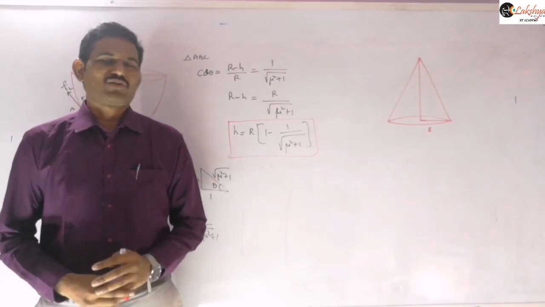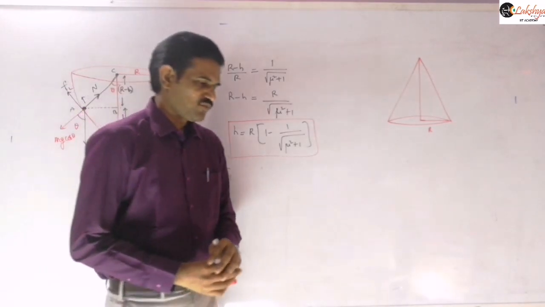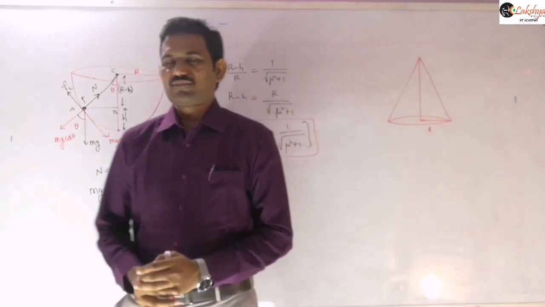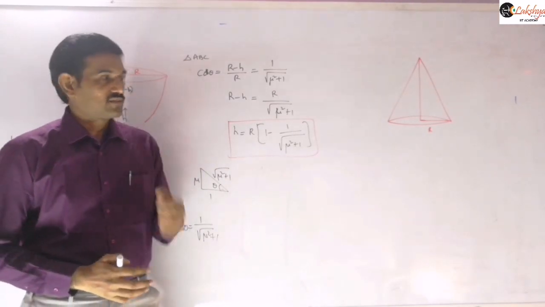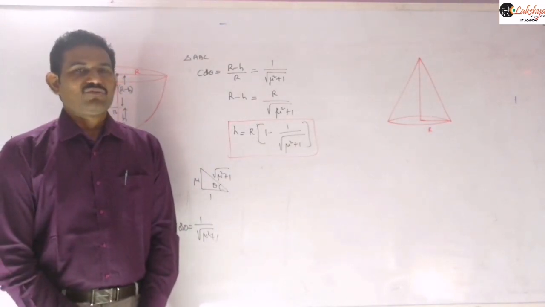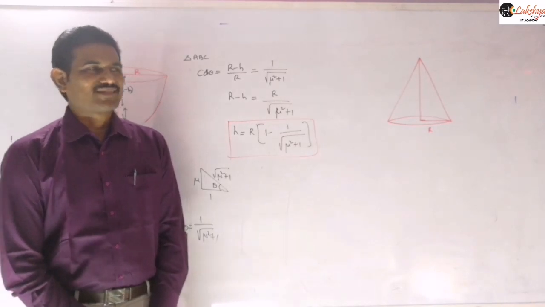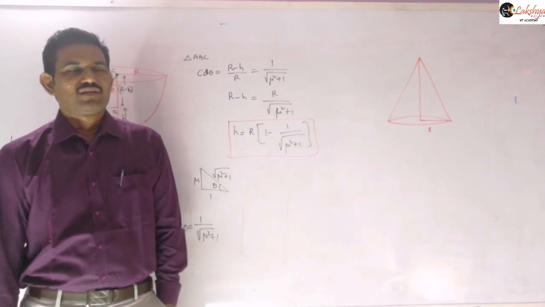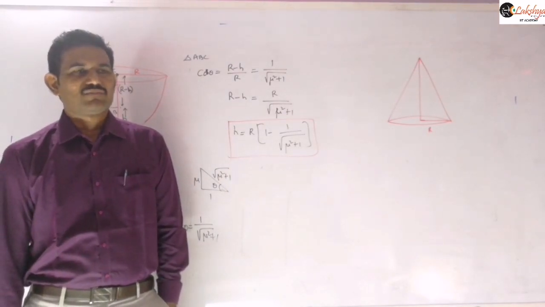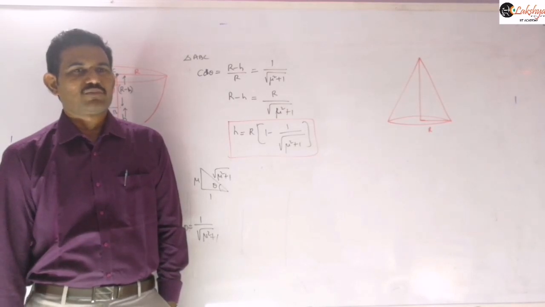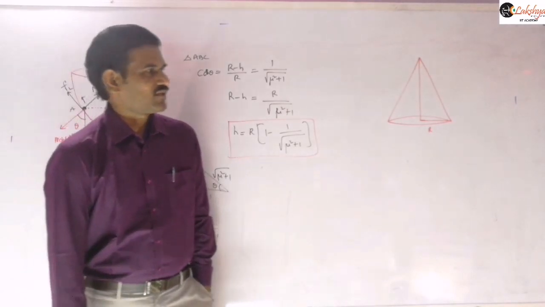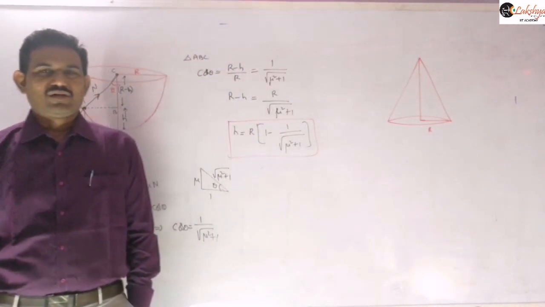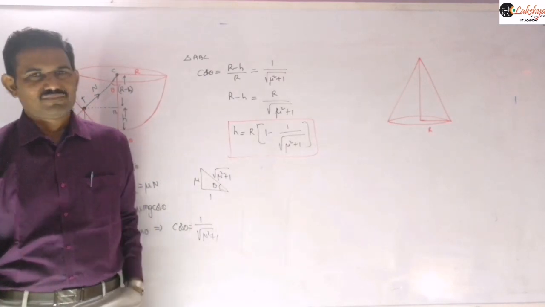If mu is the coefficient of friction between the sand particles, then find the maximum height of the cone possible, and also find the total volume of the sand, right?